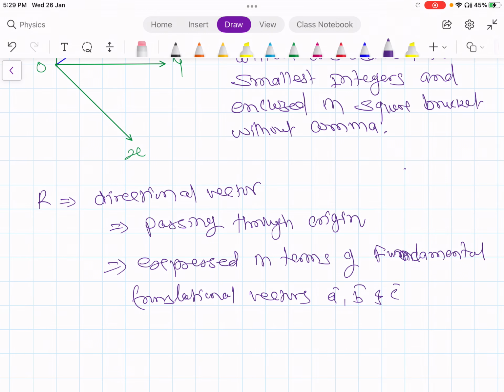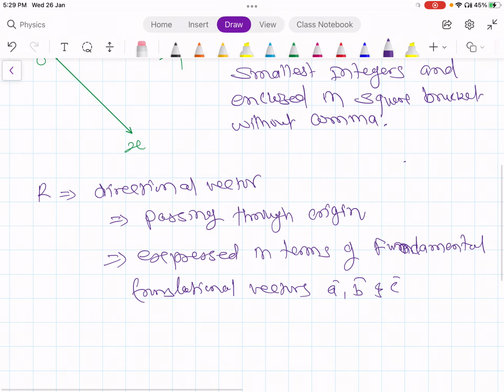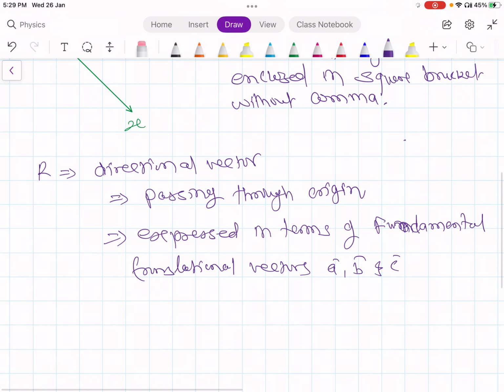It's not a negative sign there. And these fundamental translational vectors form crystal axis.